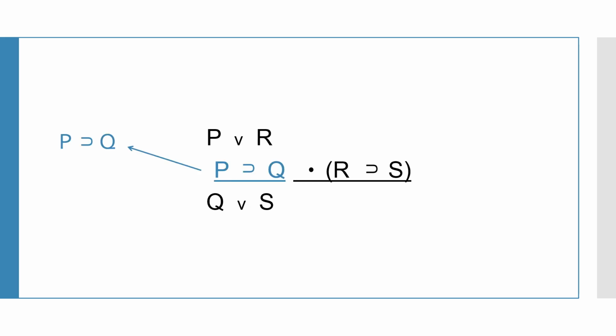Now, notice what we've done here. If we start by pulling apart the conjunction, these two conditional statements put together by an and, and look at them individually, we could take the first conditional statement, if P then Q, and place it on its own as a major premise in either a modus ponens or a modus tollens.